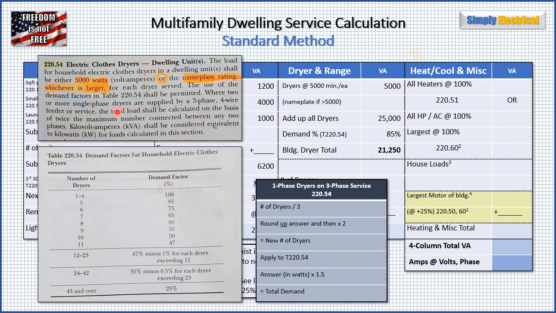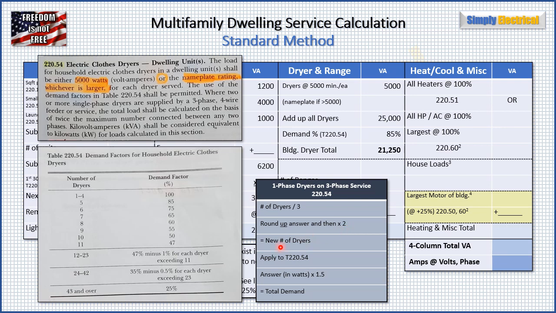But anyway, back to this. If you have a 3-phase service feeding this building, we have to do it a little bit differently. So I've created a formula that will take care of this for us. If we look at this box right here, I have single-phase dryers on a 3-phase service, and it references 220.54. You take your number of dryers, divide by 3, round up your answer, and then multiply by 2.